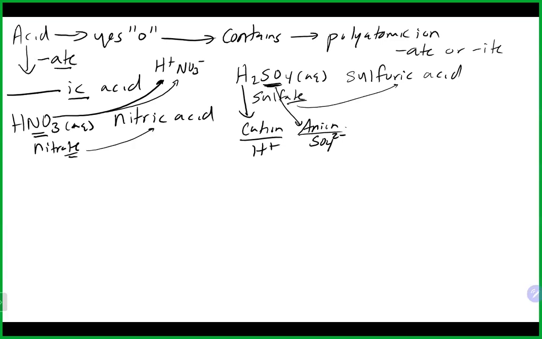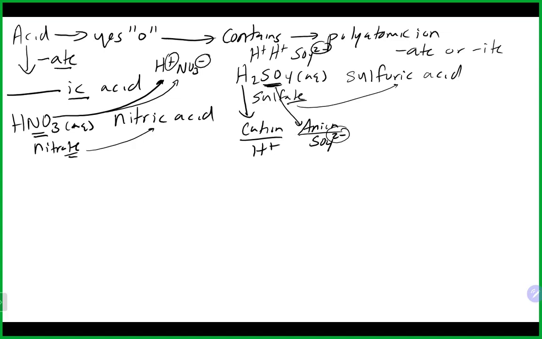Because this guy has a minus 2 charge. That is why we need two of these guys to balance out that minus 2 charge. So acids, because they're aqueous, are thought of as being ions. You still need to balance out the charge with hydrogen. So that is why we have two of them there, and also why we just have one here. Plus 1 and minus 1 gets you to 0, which is what you need.